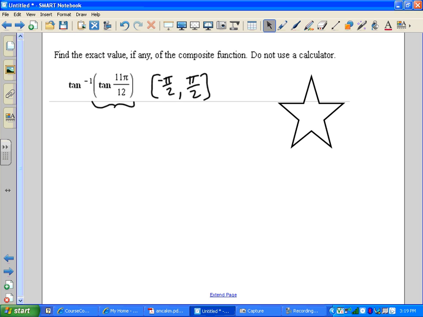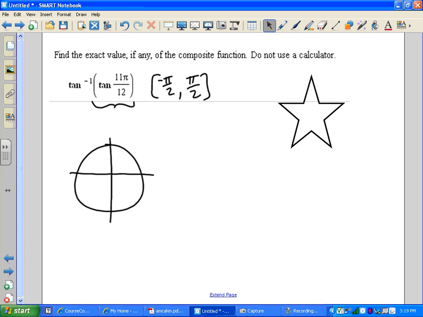Now, 11 pi over 12 might throw us off a little because that's not on the unit circle, and that's why I'm making a big deal about this. I want you to try to imagine where 11 pi over 12 is.